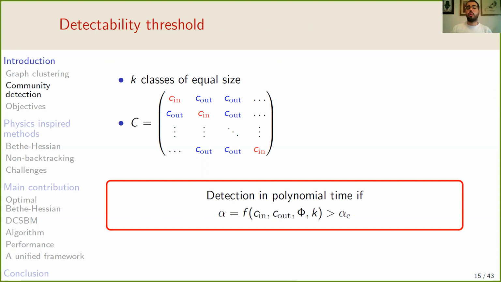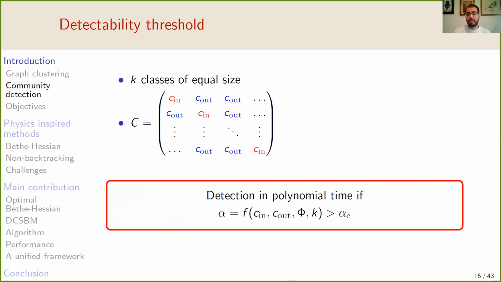Why is this relevant? Because spectral clustering algorithms are based on the computation of matrix eigenvectors and are polynomial in essence. Hence, if we recall our rule of thumb that tells us that if we have k classes and less than k isolated eigenvalues, then the spectral clustering algorithm is unlikely to yield a good performance, then what we expect to observe is that if alpha is less than alpha_c, we should not find a matrix M with k isolated eigenvalues.